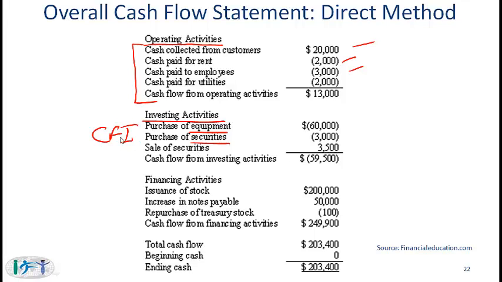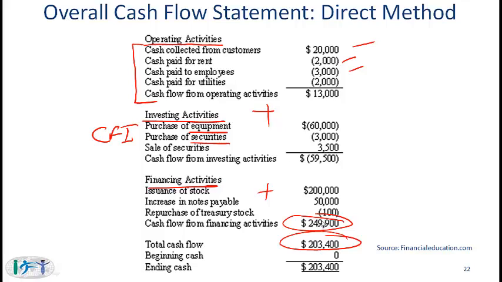So this is CFI. And then financing activities, issues of stock, increases in notes payable, that means borrowing went up, repurchase of treasury stock, this is money going out to the shareholders, cash flow from financing activities, net amount is given right here. You add all these together and that's the total cash flow.